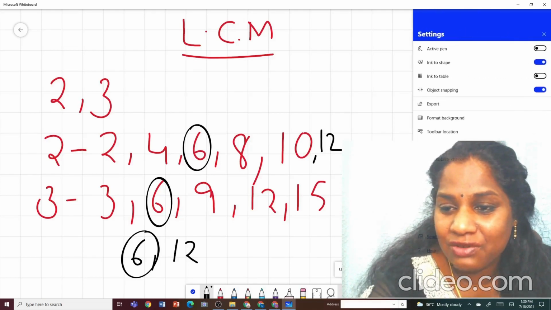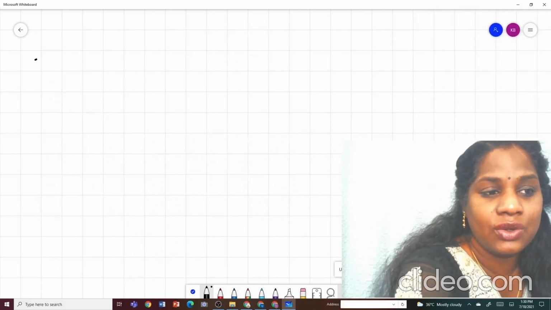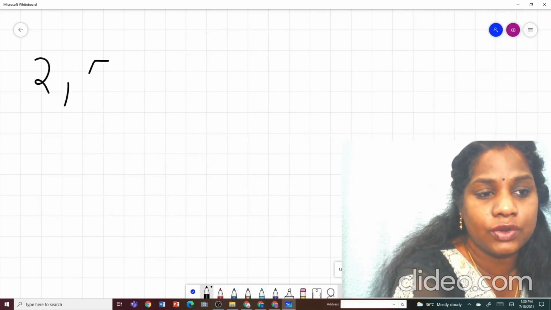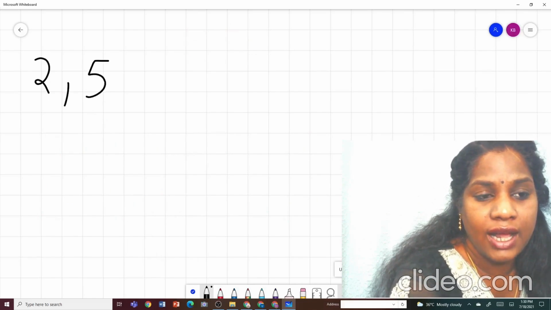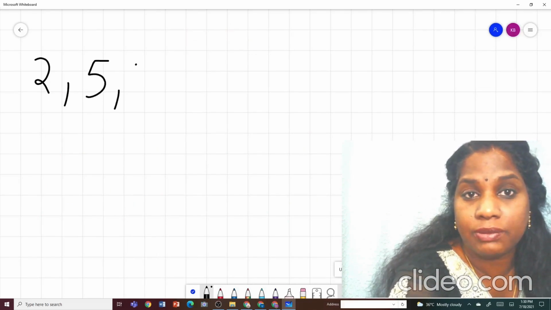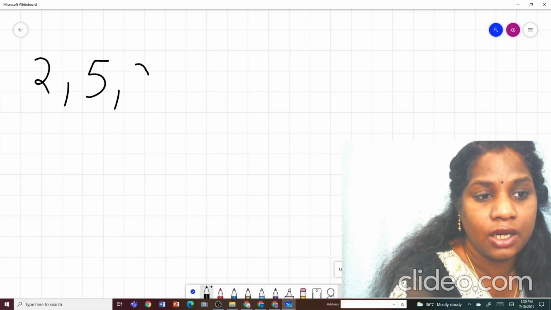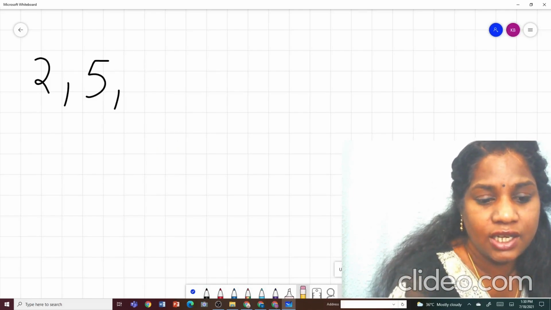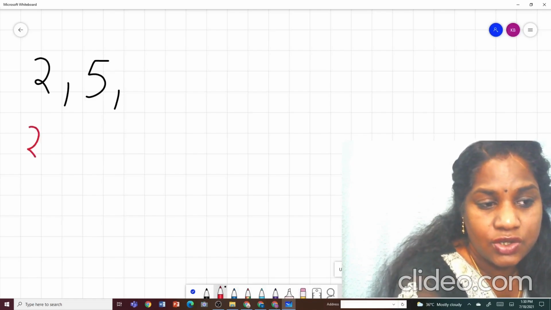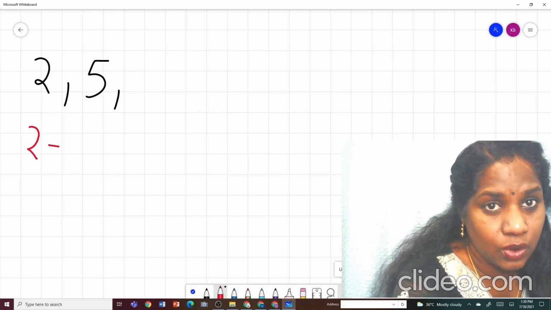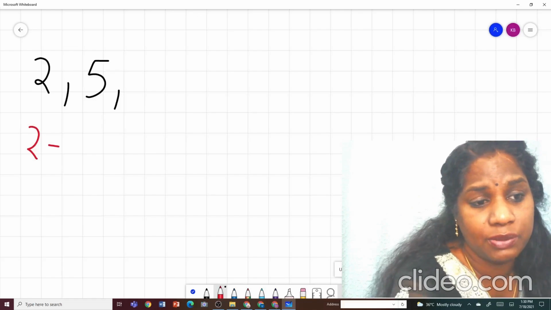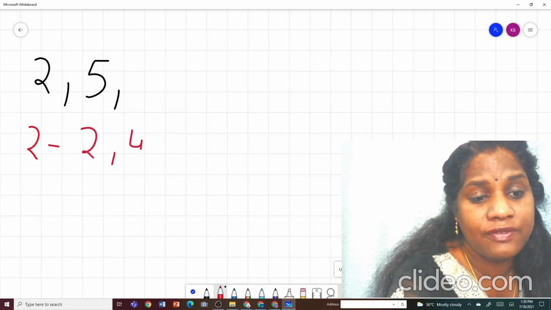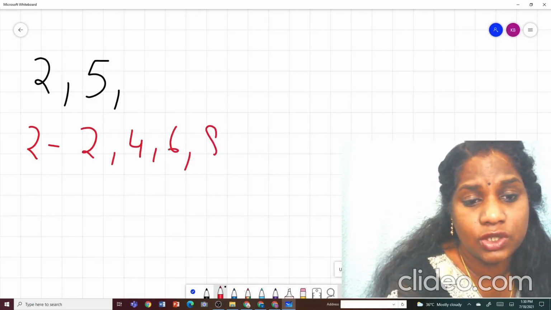So what we will do, let us find the LCM of 2 and 5. Let us find 2 and 5 first, not to get more confused. What are the multiples of 2? You can do it yourself and later check with me. Now you have seen one example, so do it yourself.